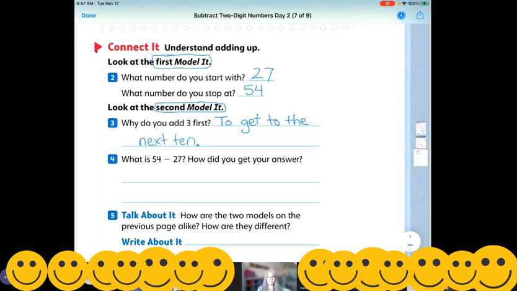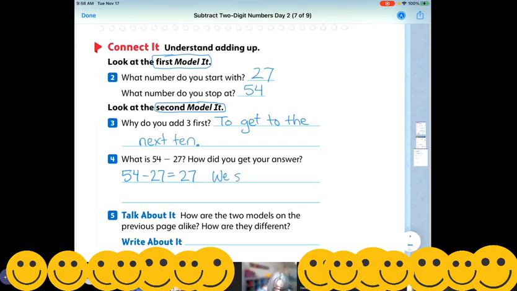Then it says, what is 54 minus 27 and how did we get our answer? Well, we learned that 54 minus 27 is 27, right? So we're going to start there. 54 minus 27 equals 27. How did we get our answer? By adding up.